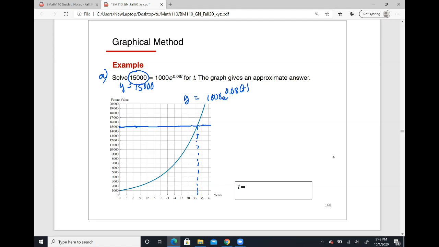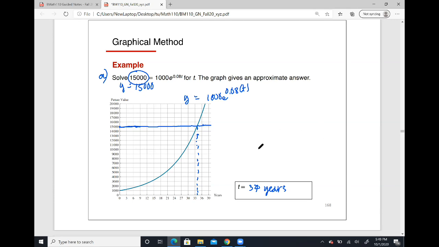Okay, just say 34 years. So the approximate answer is about 34 years. That's what we approximate the answer.